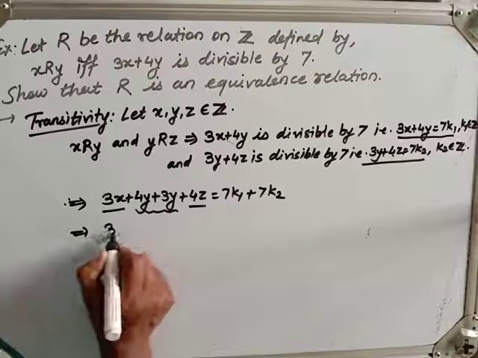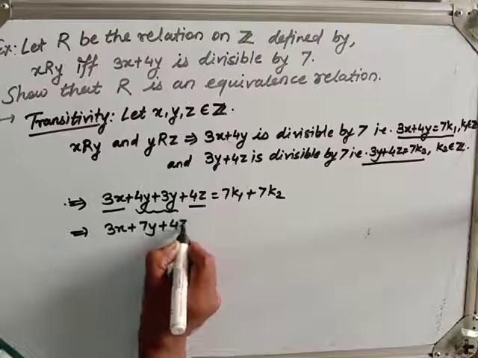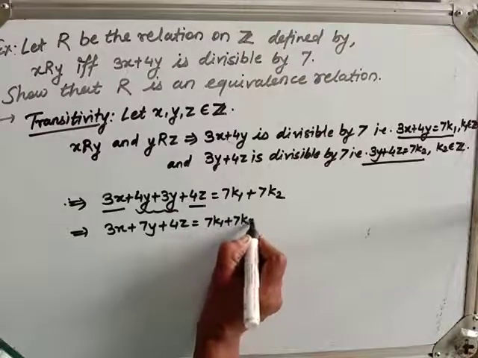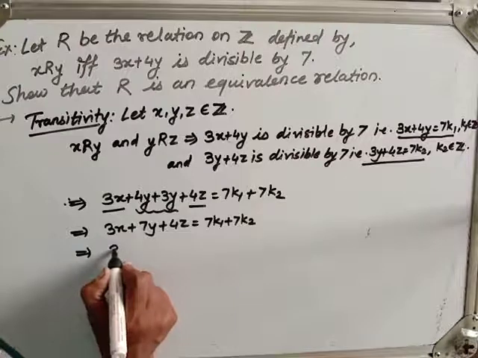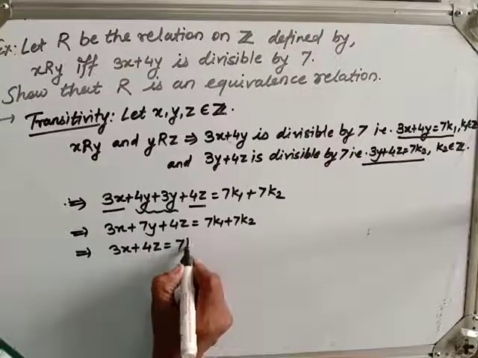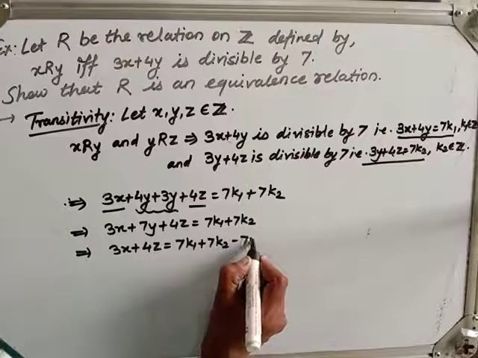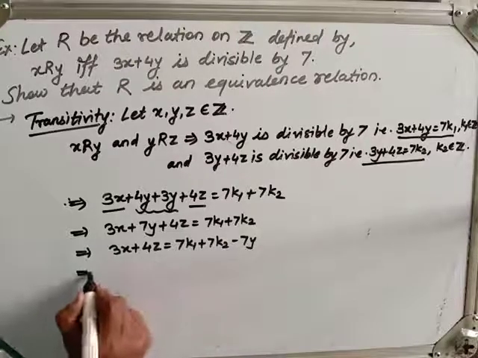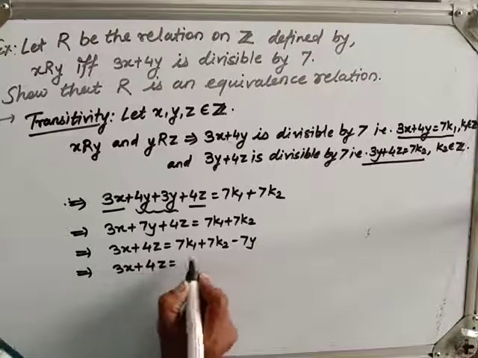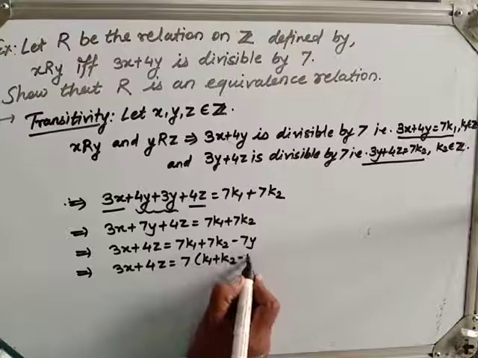So that will be 3x + 7y + 4z, and here 7k1 + 7k2. So that implies 3x + 4z = 7k1 + 7k2 − 7y. That is the same as to say 3x + 4z = 7(k1 + k2 − y).